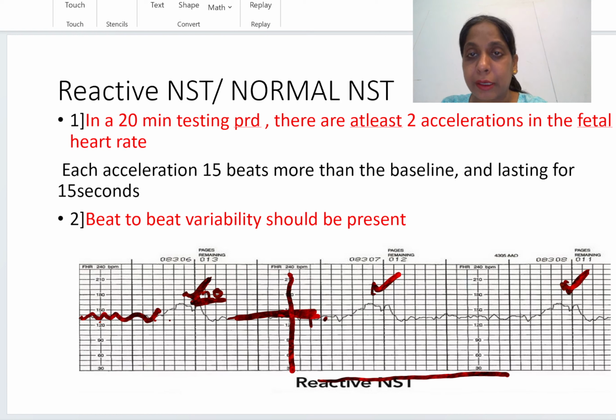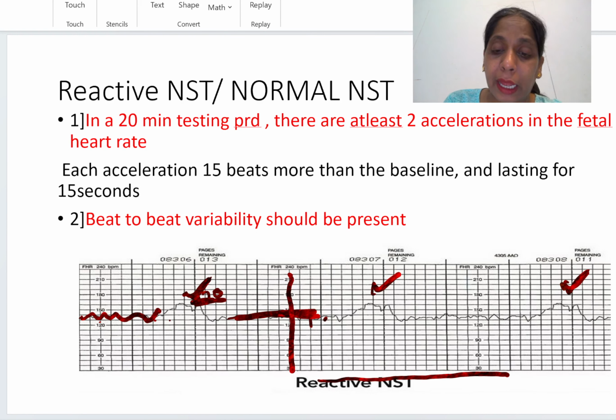And if these two accelerations, two rises of fetal heart rate, are present, then we say that it is a reactive NST. Reactive, non-reactive.